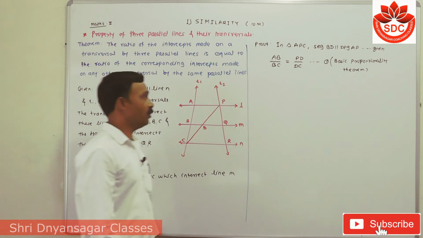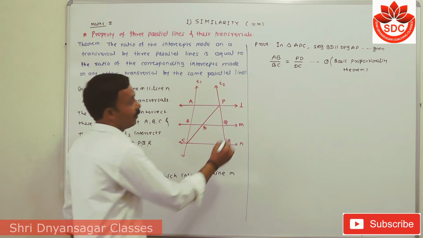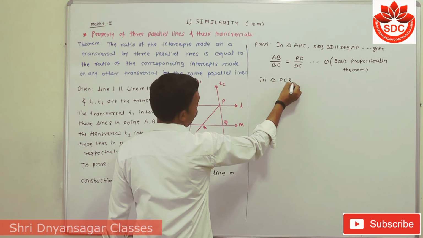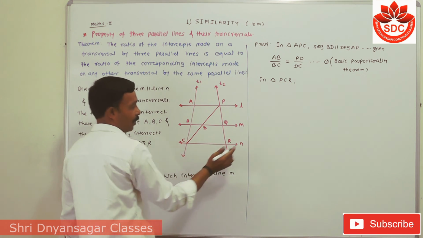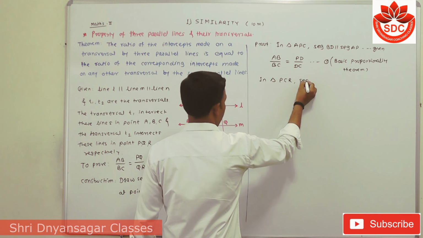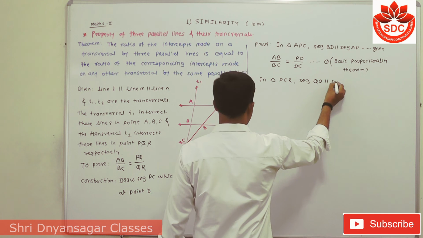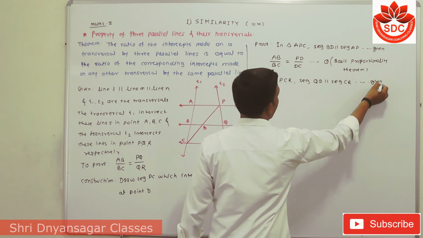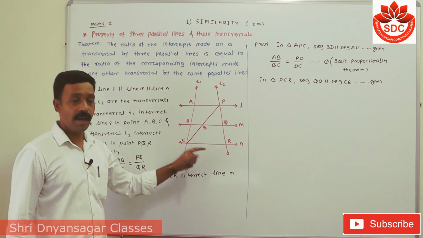Okay, can you understand after this? Then look here, take the next triangle. In triangle PCR, segment DQ is parallel to segment CR. This is also by construction. These two segments are parallel.